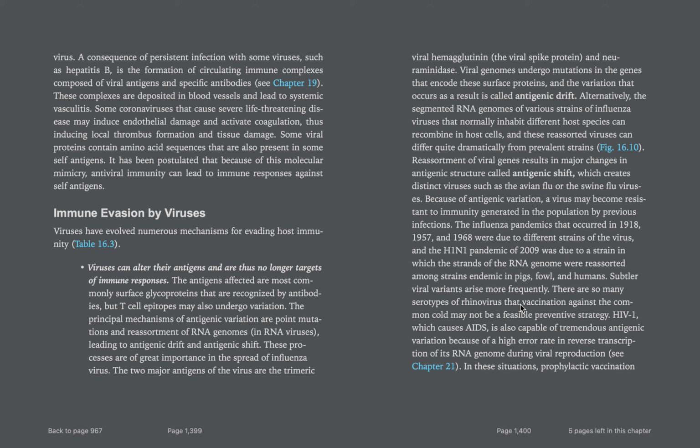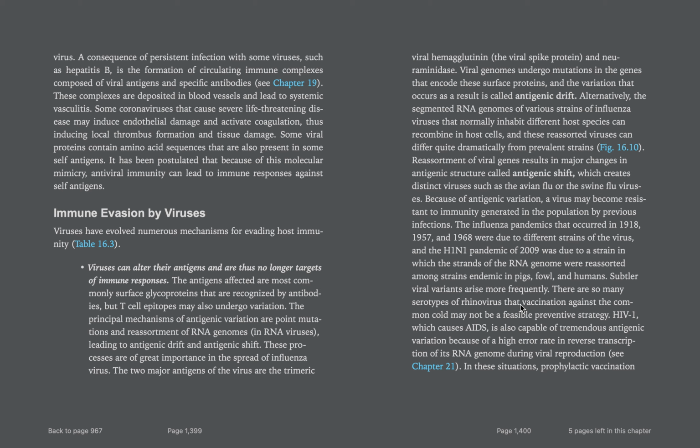The influenza pandemics that occurred in 1957 and 1968 were due to different strains of viruses, and the H1N1 pandemic in 2009 was due to a strain in which the RNA genome segments were a reassortment among strains endemic in pigs, fowl, and humans.